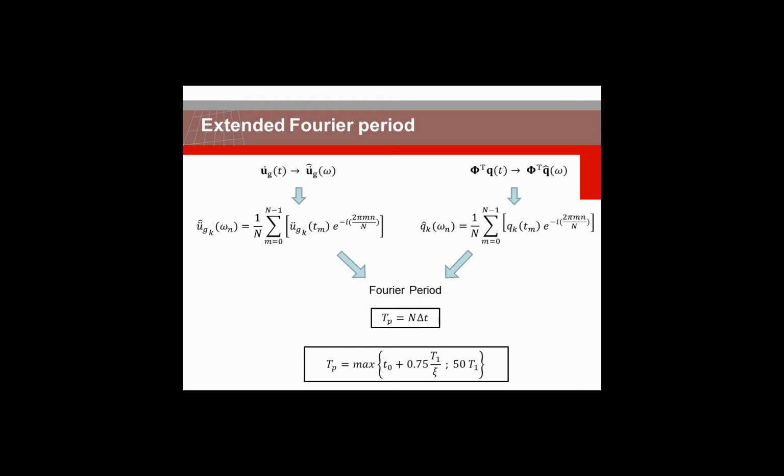force. See there, we use an extended Fourier period that is not the extension of the signal only, but is bigger than that. This extended Fourier period is used because we want to simulate the transient response. We want to take the transient response of the system and not a kind of harmonic response of the signal repeated several times.